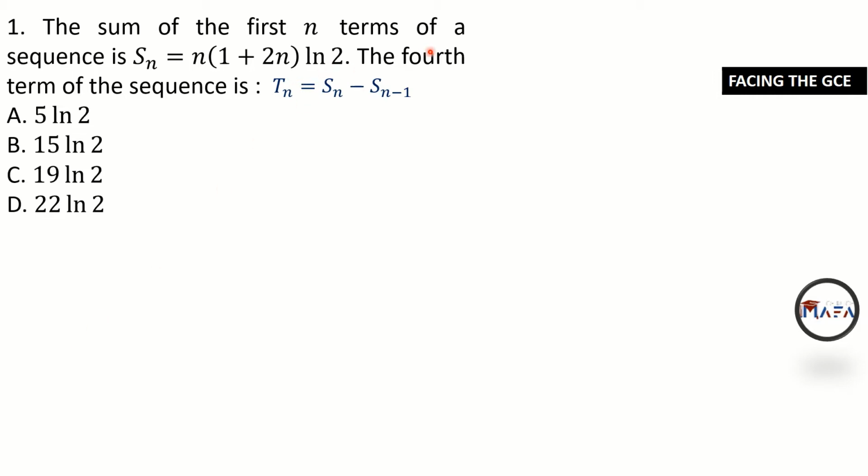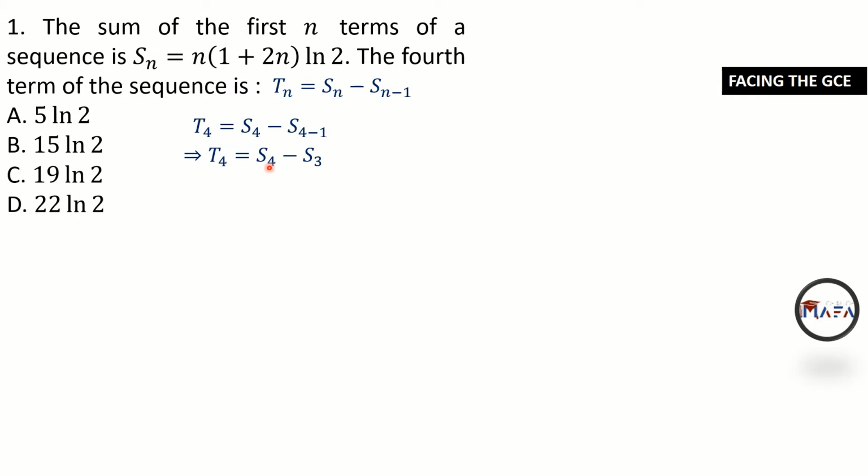Since we need a fourth term, it means we need t of 4. So t of 4 will be equal to the sum of the first 4 terms minus the sum of the first 4 minus 1 terms, which is basically the sum of the first 4 terms minus the sum of the first 3 terms. Since we have the sum of the first n terms, we can get both.